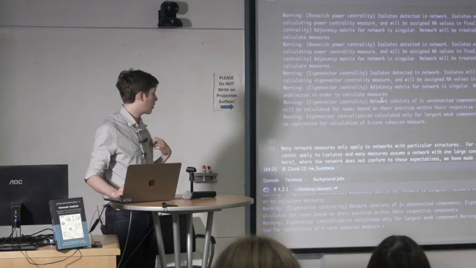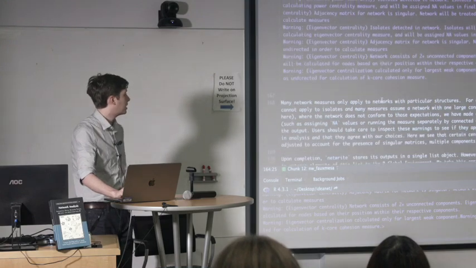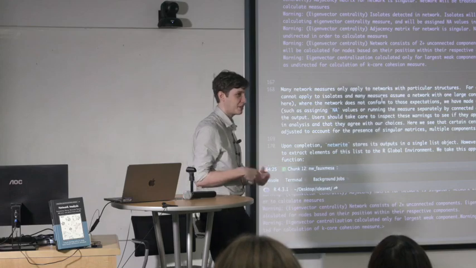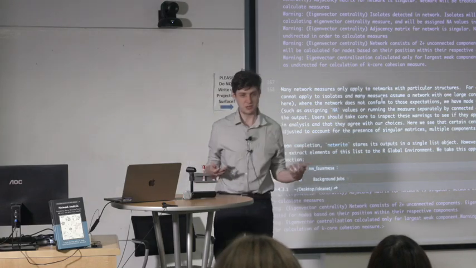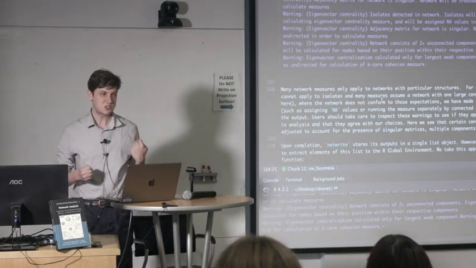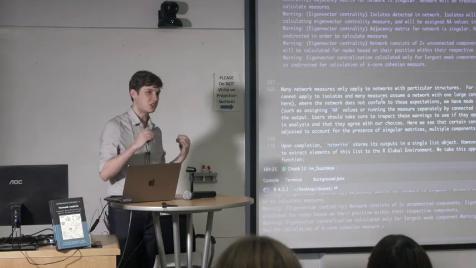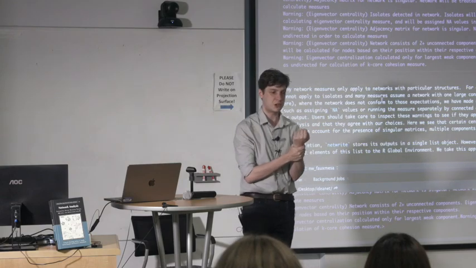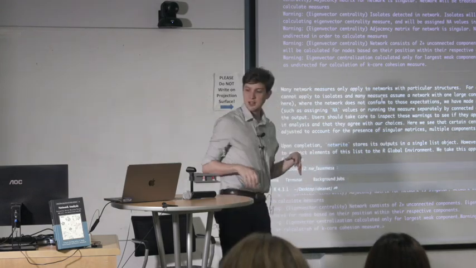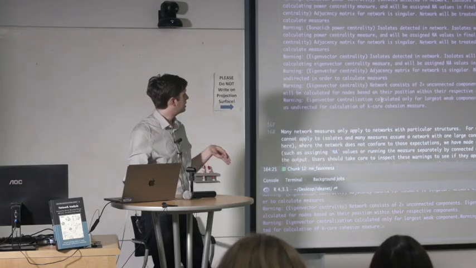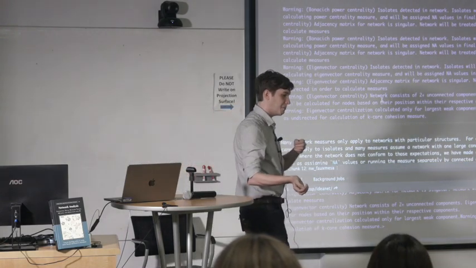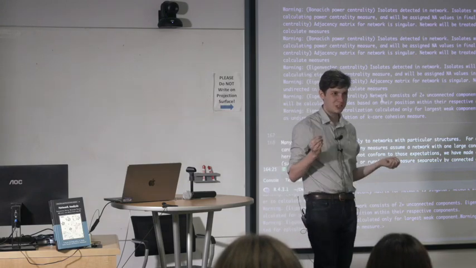Sometimes you'll get a list of warnings. One thing to bear in mind, and this is not just when using a very generalizable tool like this, but whenever you're doing network analysis, similar to what Jim was saying about centrality measures and what they mean in terms of the substantive setting of your network. Similarly, the way certain measures are calculated might not be compatible with certain structural features of your network.